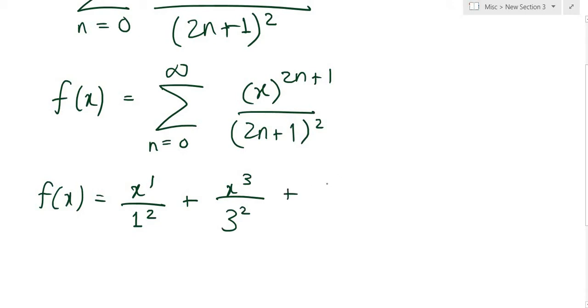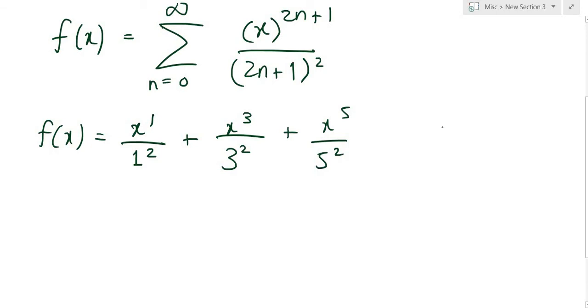And then when n is 2 we have x to the 5th over 5 squared. So in other words, it's a sum of x to an odd integer over that odd integer squared, right? And this basically goes on till infinity. Now what can we do here?